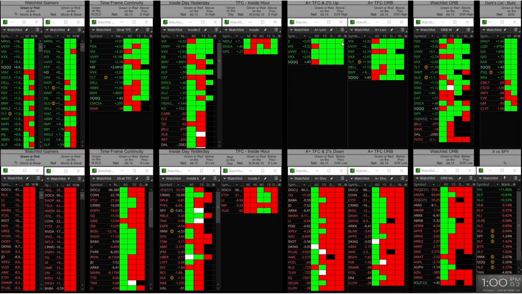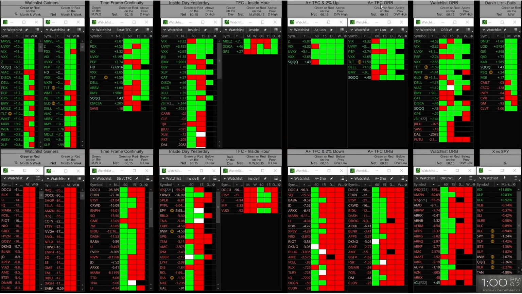Also trading above the previous week's high, okay? But also it has to be up 2% on the day, okay? That's the key to this one here, is it up 2% on the day? If it's not up 2% on the day, it will not show up there, okay? And not looking good here for the long side on Friday.